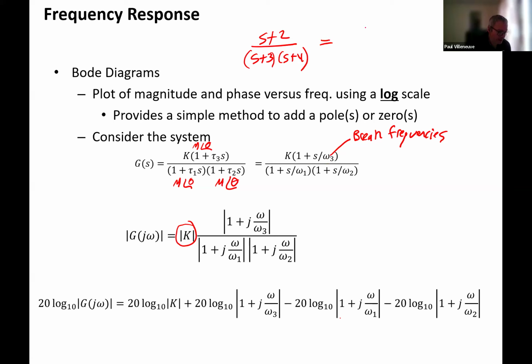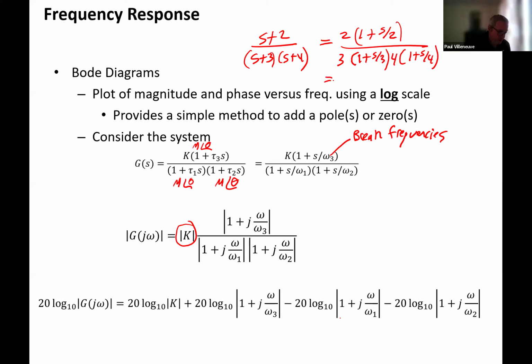So if I factor out a 2 over here, so I go 1 plus s over 2, I'm going to have to factor out a 2 over here. And if I do the same thing in the denominator, 1 plus s over 3, I need a 3 here, and 1 plus s over 4, I need a 4 over here to make that work.